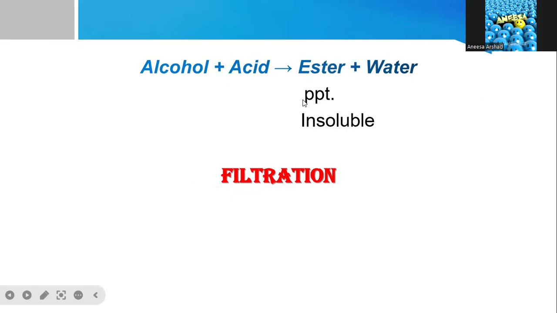Almost 50% of the esters appear in the form of precipitates. So now we will look at the characteristics of these precipitates, and just by looking at them, we will be able to find out that these precipitates are insoluble in water. So now we are getting a mixture of products in which one is completely insoluble in the solvent.